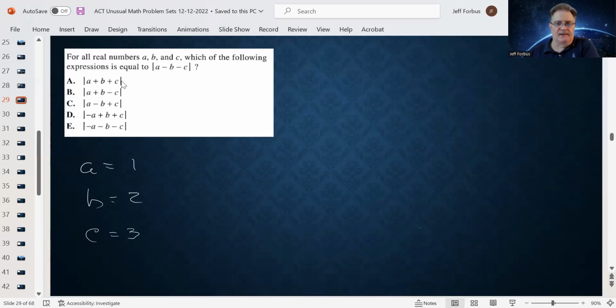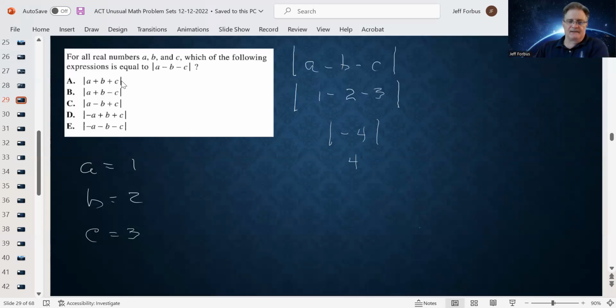If we take the equation in the question, absolute value of A minus B minus C, and we substitute these numbers in here, so we're going to have 1 minus 2 minus 3. What value do we end up with? So 1 minus 2 is a -1. And then a -1 minus 3 is a -4. The absolute value of -4 is 4.